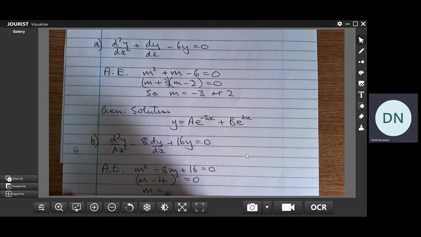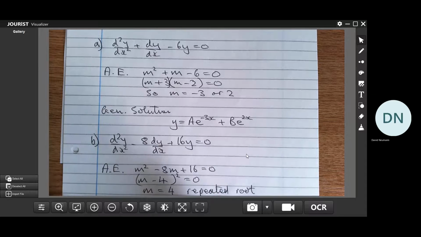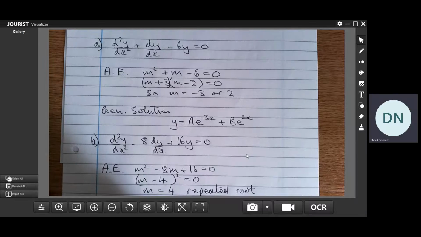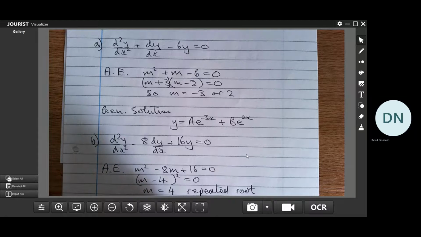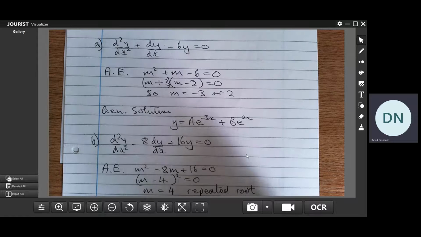So m is equal to 4, which is a repeated root. And that means our general solution is in this form. y is equal to (a plus bx) e to the 4x.